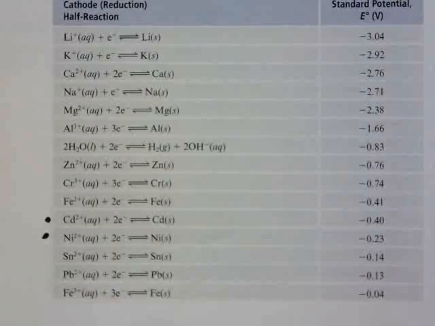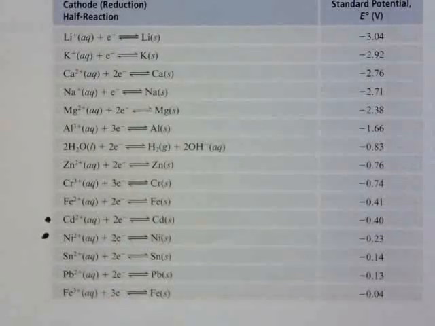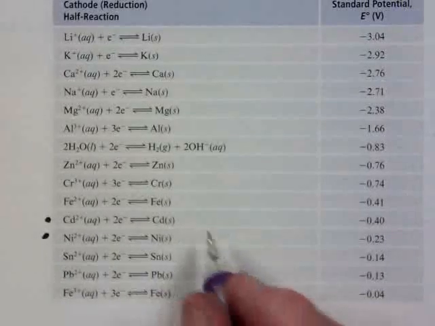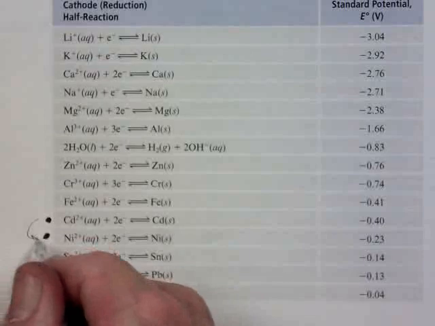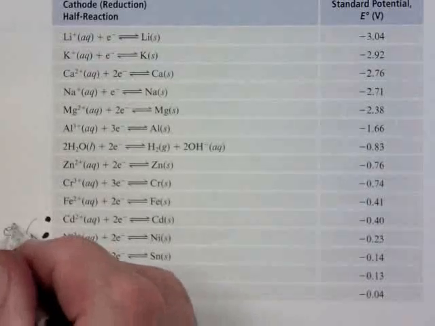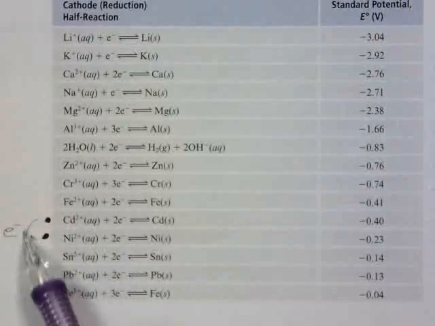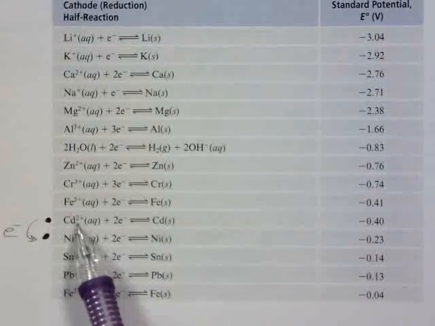And so in the process, something at top is undergoing oxidation. It's losing electrons. And so it's going to be sending electrons that way from cadmium to nickel. Well, if it's losing electrons on cadmium, you have to turn this reaction around.